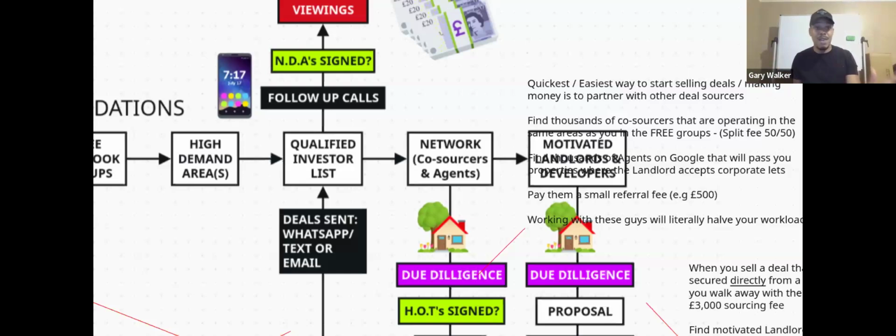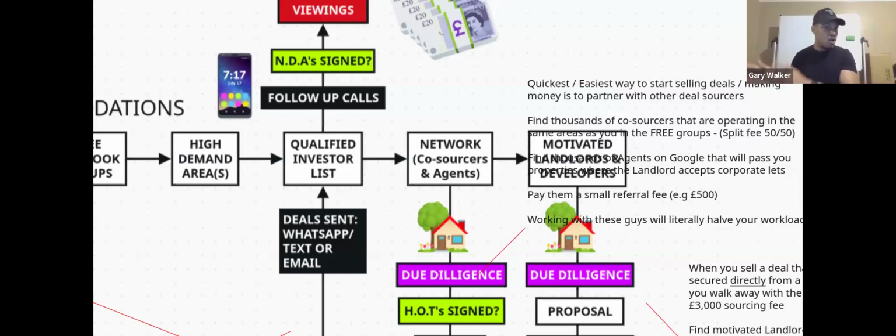Because if, and this has never happened to me, like I said, but let's just say, as an example, an investor tried to take the deal from under your nose without paying you, and you forgot to get your NDA signed with them, which should never happen. The investor should always sign your NDA before they get full information about the deal. But let's just say, for whatever reason, you slipped up and sent it to them. If you were to go to court about it, at least you'd still have proof that you actually found the deal, right? You don't have the NDA signed with the investor.